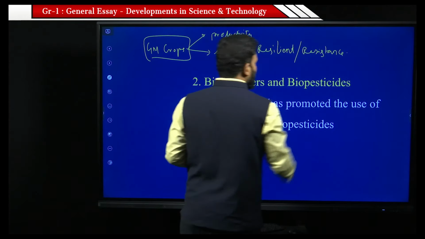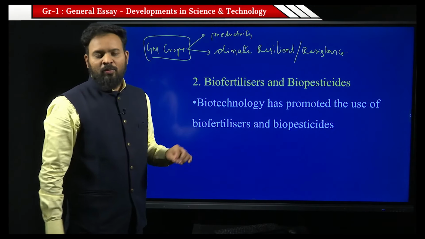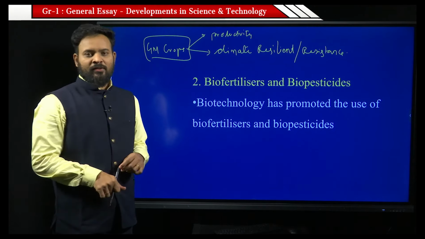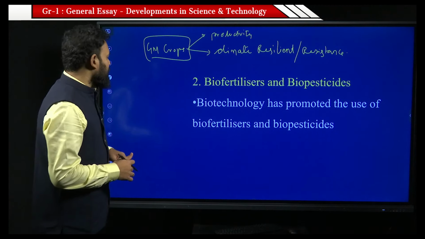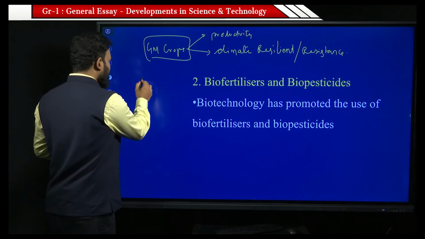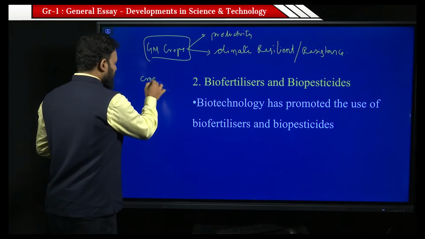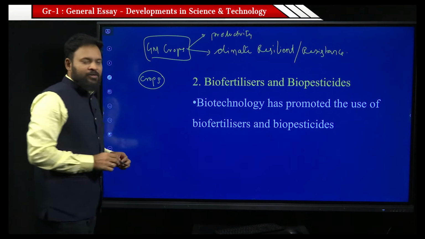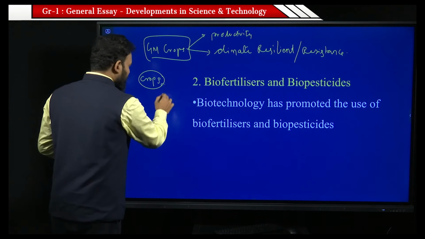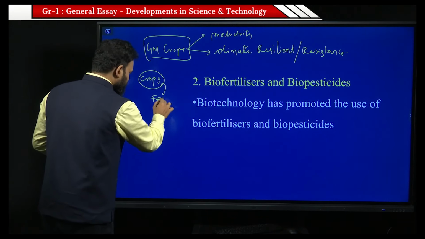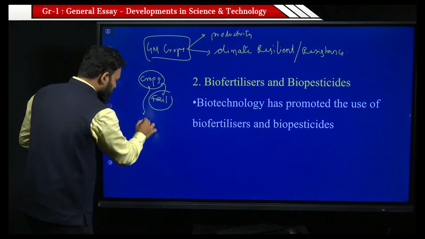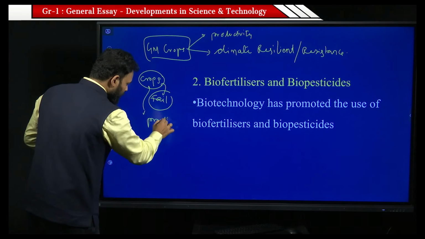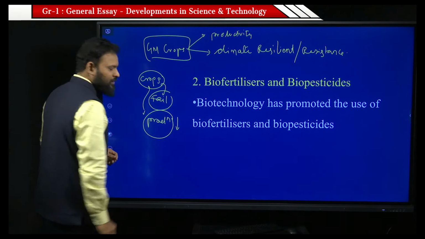Because of changing climate, overall global temperatures are on the rise. With the rise of temperatures, there is a possibility that crops may fail, or even if they don't fail, their production may come down significantly.